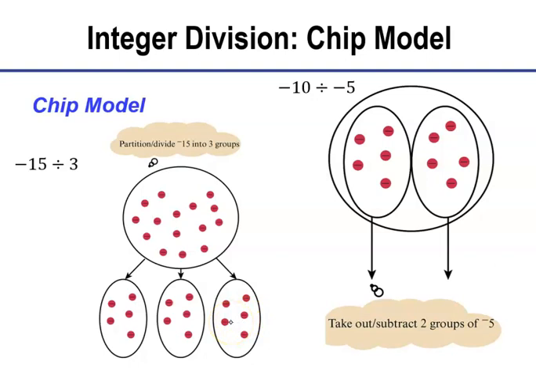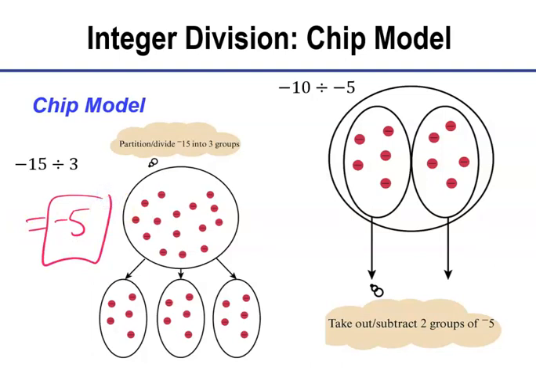If we start divvying these out, we're going to have the same amount in each one. It's going to be 1, 2, 3, 4, 5 negatives in each one. So we could say negative 15 divided by 3 must equal negative 5.